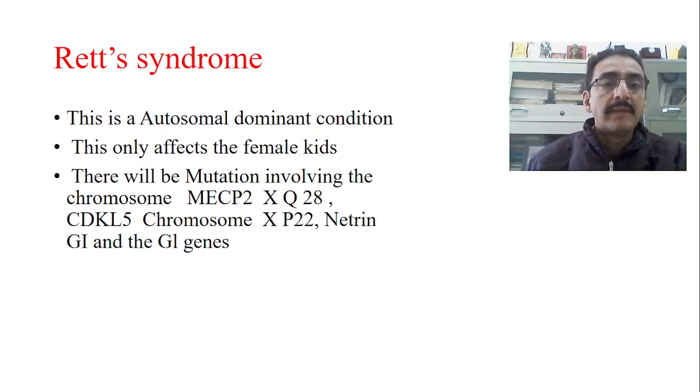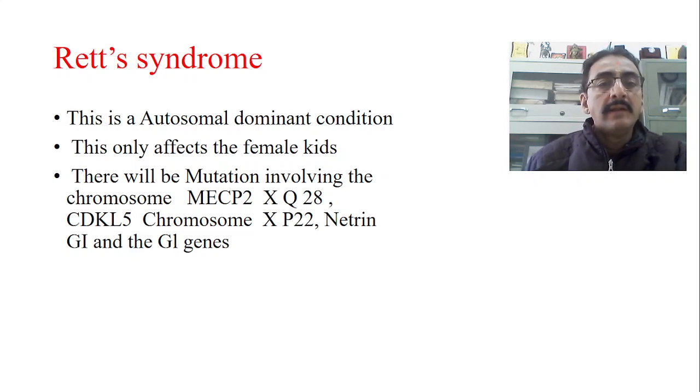And studies suggest that there will be a mutation involving chromosome number 28 in the Q portion. The gene which gets affected is MECP2. Another chromosome which gets affected is chromosome number 22, P portion, and the gene affected is CDKL5.